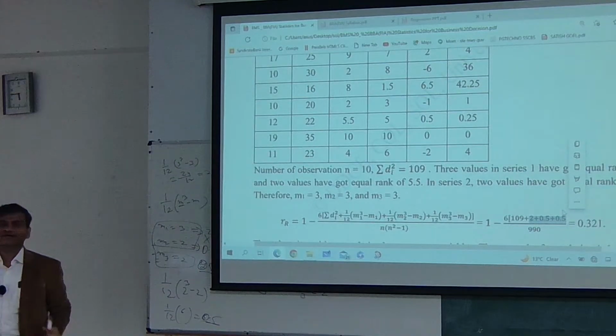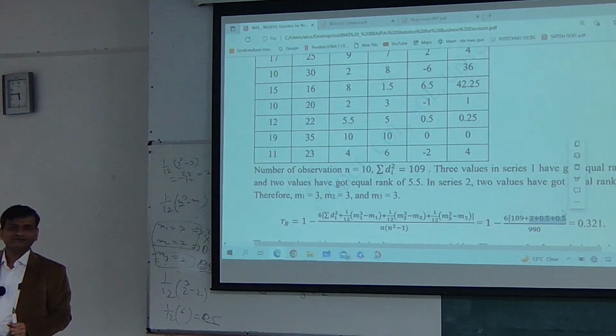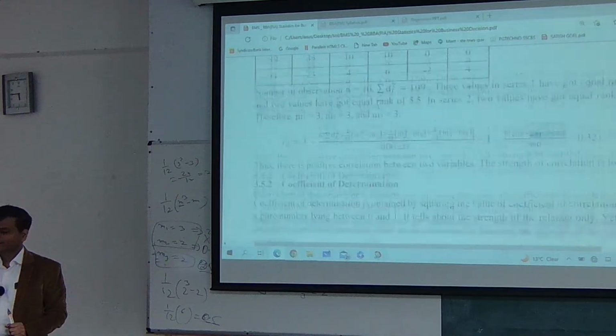So this is again a positive relationship between the two variables x and y, but a weak relationship, not strong.